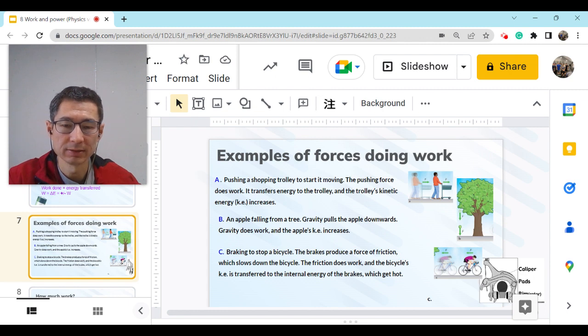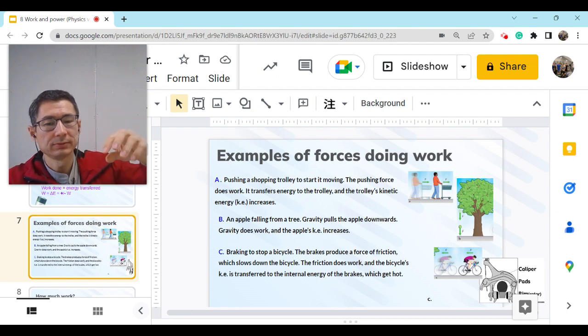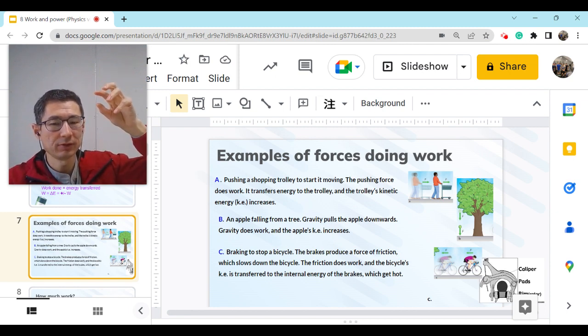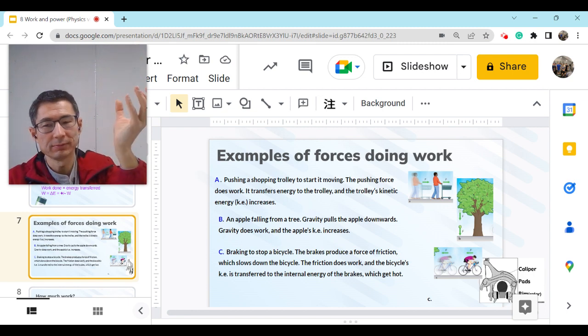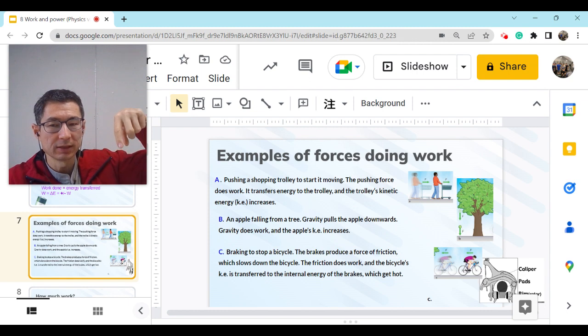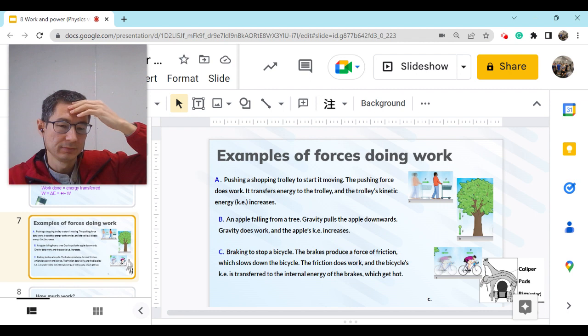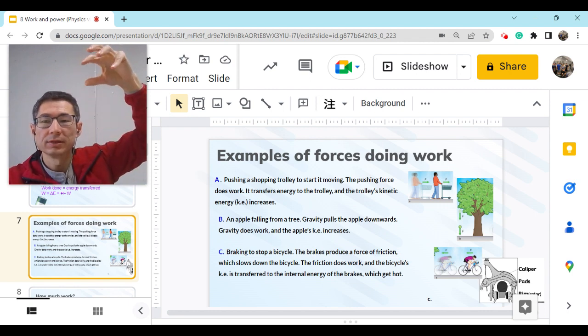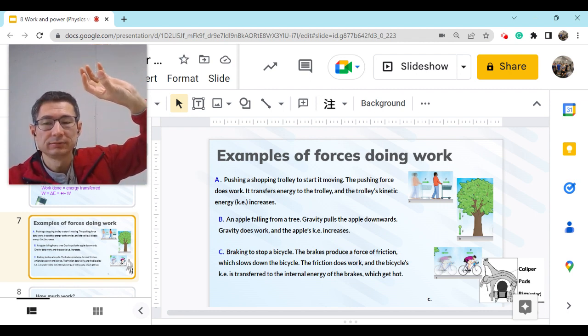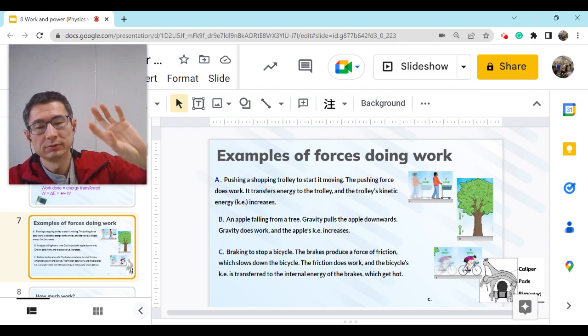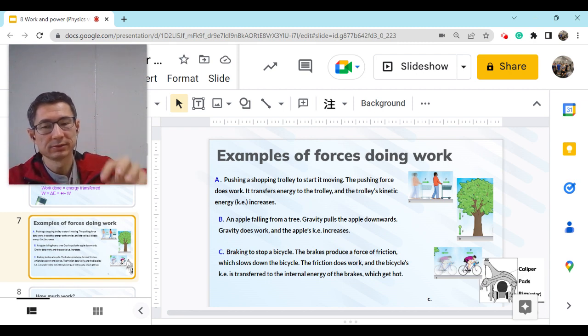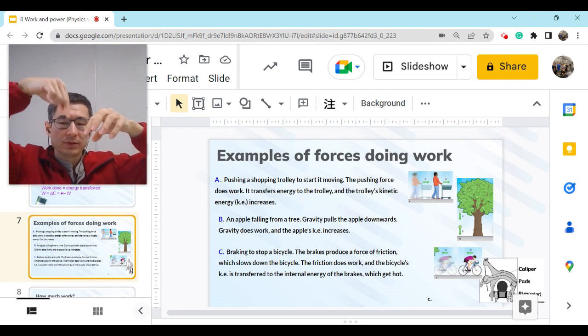In case B, for example, an apple is falling from a tree. Again, gravity does the work, pulling the apple downwards. The apple's kinetic energy increases. What does that mean? The apple had potential energy when it was hanging. When it falls, that is transferred to kinetic energy, and the force is pulling downwards.